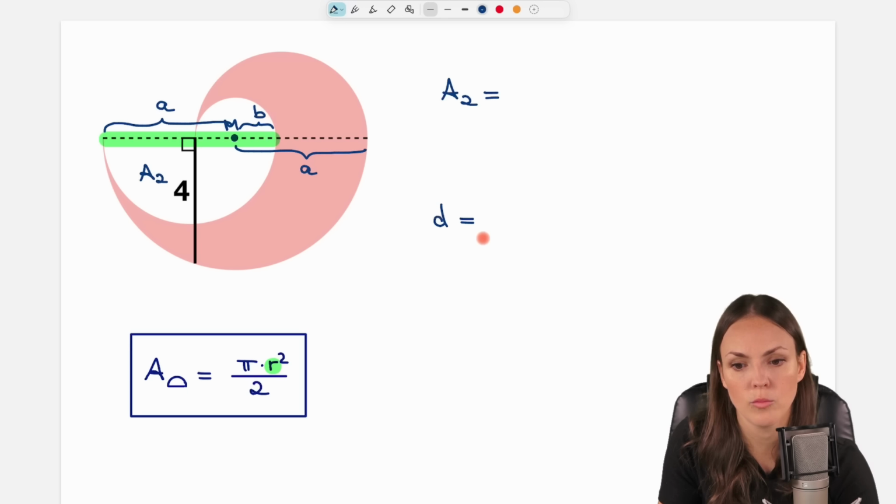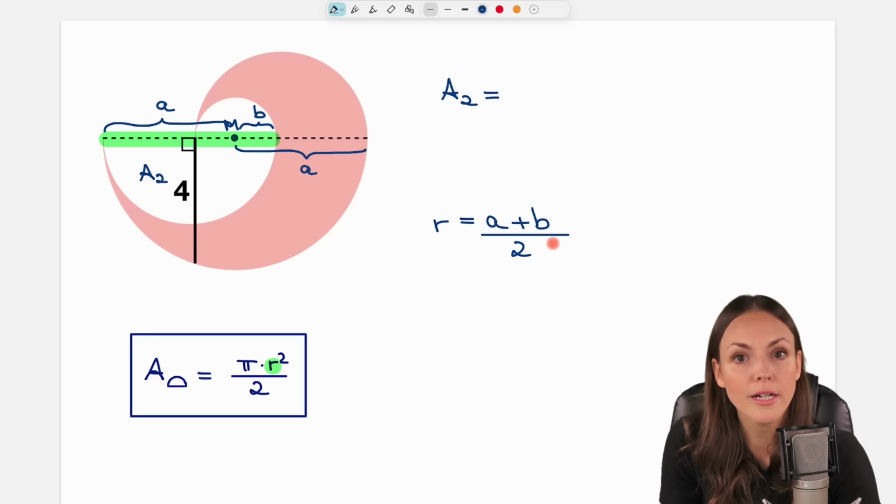So we know this is our diameter. But we were interested in the radius, so how can we find the radius now? Well, we can just take the diameter and divide it by 2. This is then our radius. Doesn't look very pretty, but let's take this as our radius.